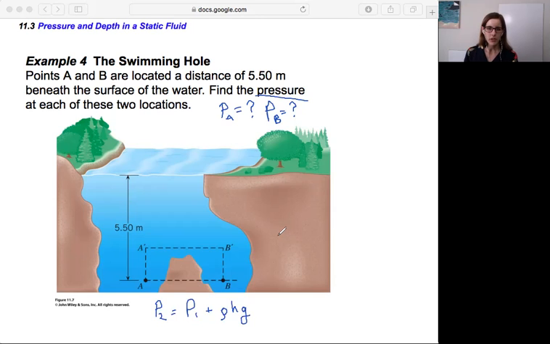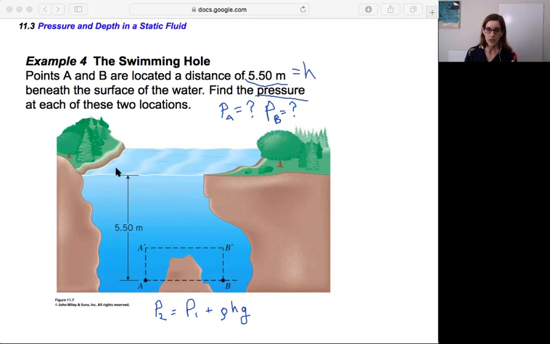All right, so looking at this, we notice that we have a distance of 5.5 meters beneath the surface of the water. This could be our height, our h. If so, then that automatically tells us where P1 and P2 have to be, right?